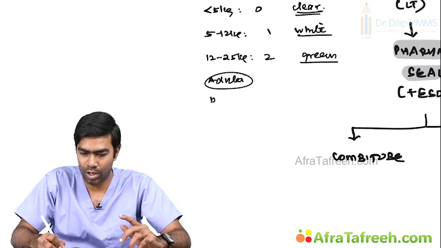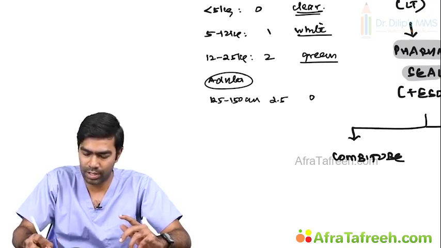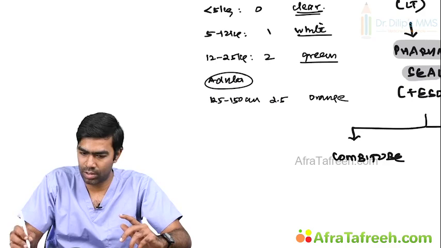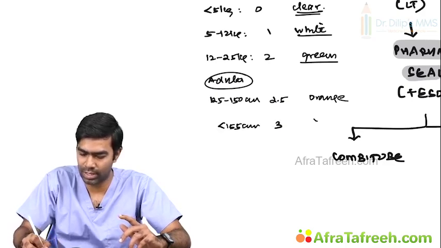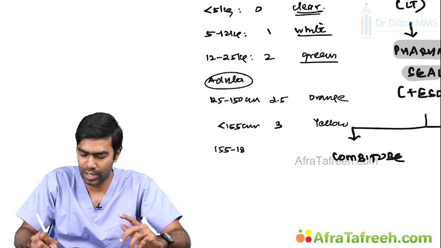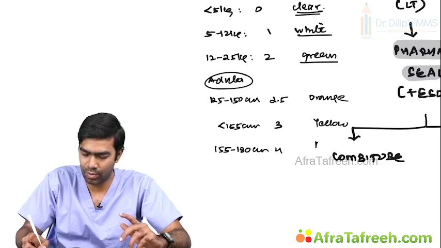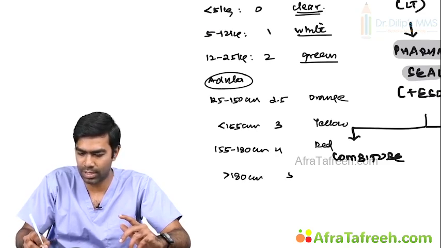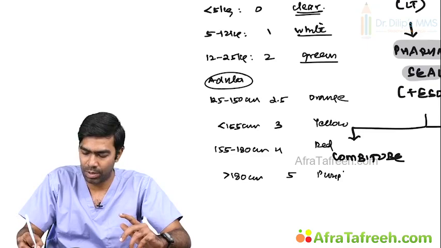In adults who are 125 to 150 centimeters, you will select 2.5, the color coding will be orange. In adults who are more than 150 centimeters but less than 155 centimeters, you will select 3, and the color coding will be yellow. Adults who are 155 to 180 centimeters, you select size 4, red in color. And anyone who is more than 180 centimeters, you will select size 5, which will be purple colored.